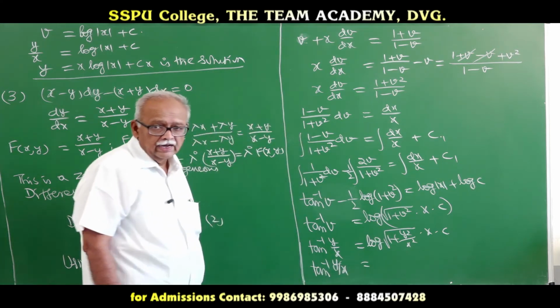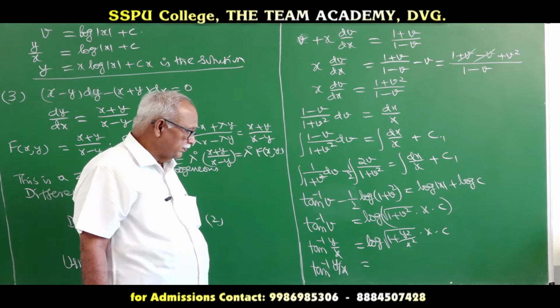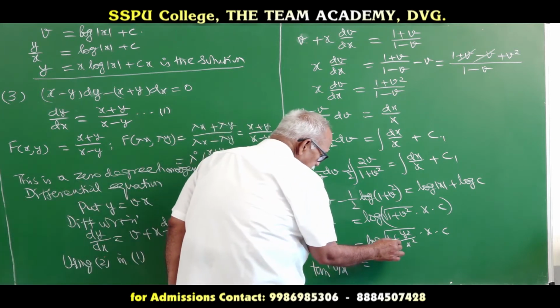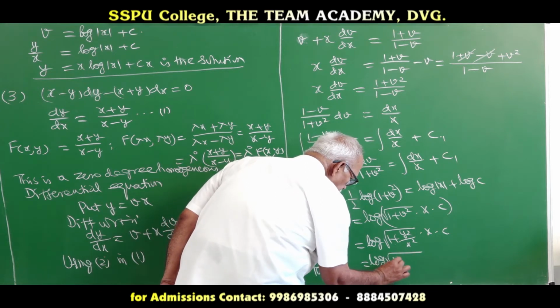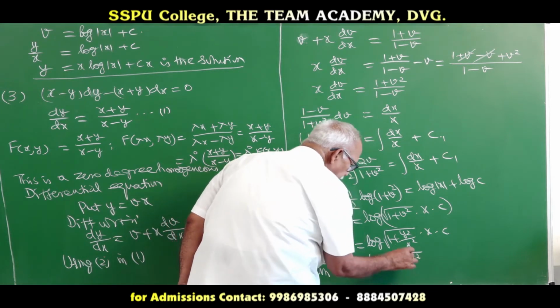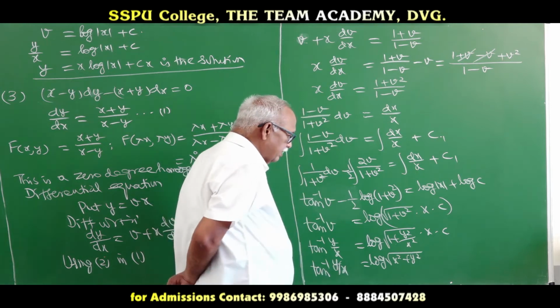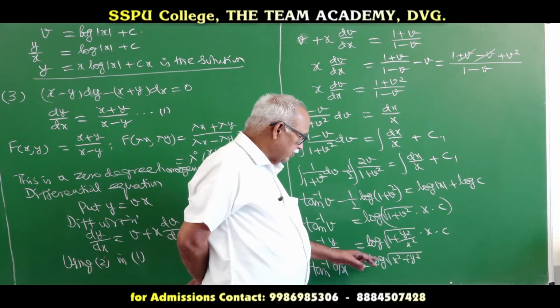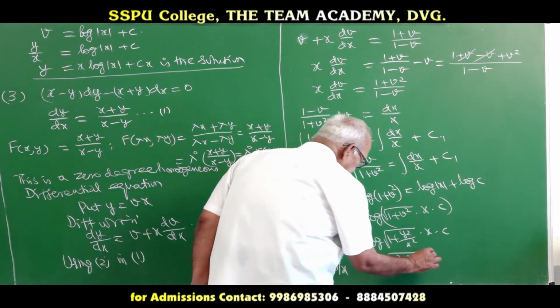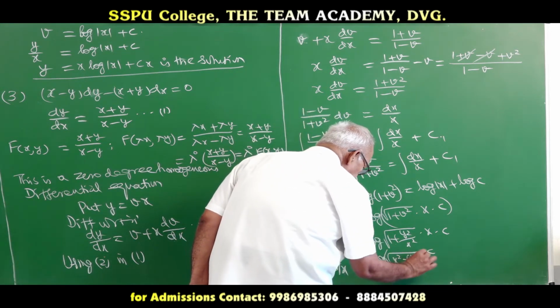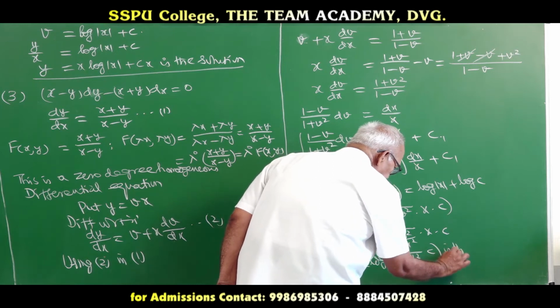Answer is tan inverse of y by x is equal to log of root of x square plus y square, and this denominator x square becomes x. So x cancels and we get c. So this is the solution.